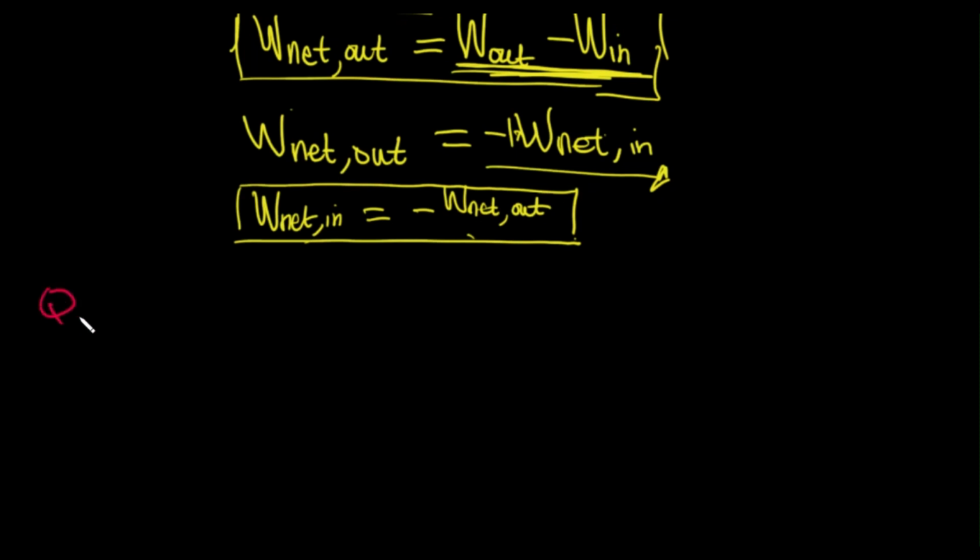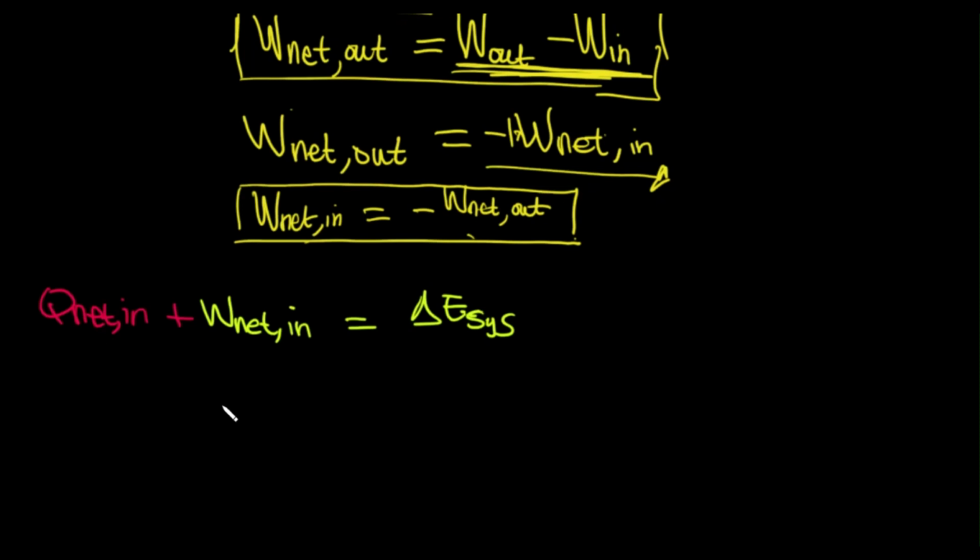So heat being supplied, which is Q net in, plus work net in, is equal to changes in energy of the system.